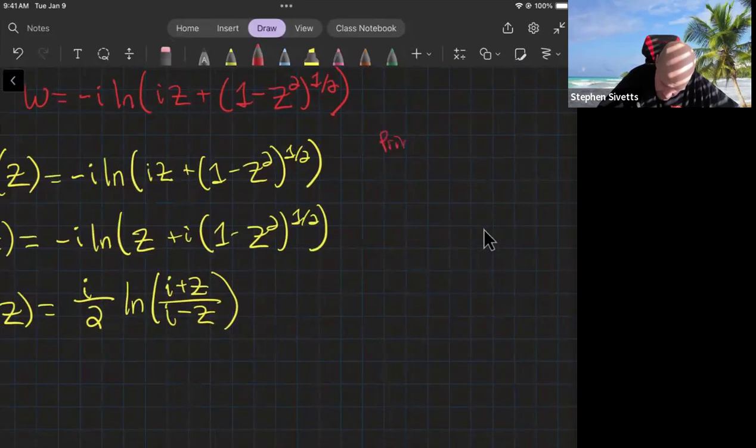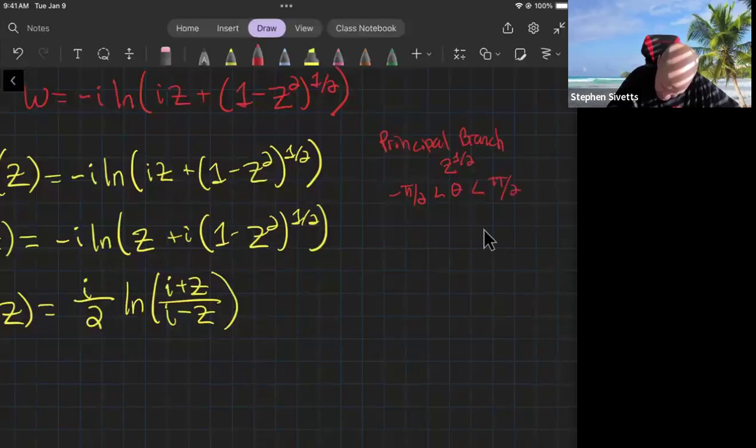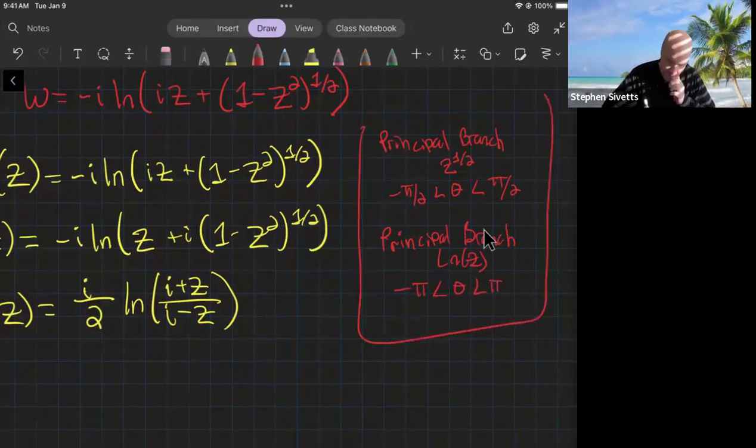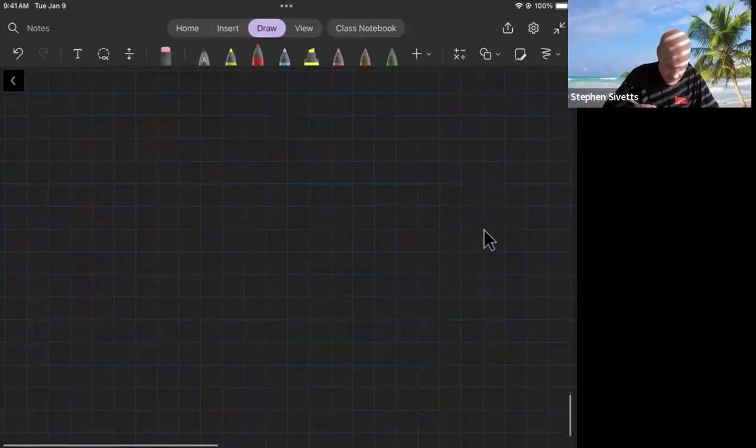So the principal branch for z to the 1/2 is where theta is in between minus pi over 2 and pi over 2. And the principal branch for the logarithm is in between minus pi and pi. So take note of these. You might use those in future problems.